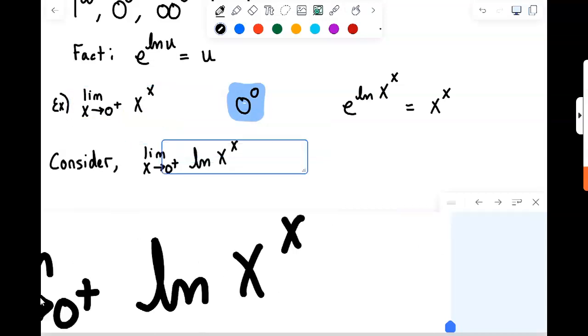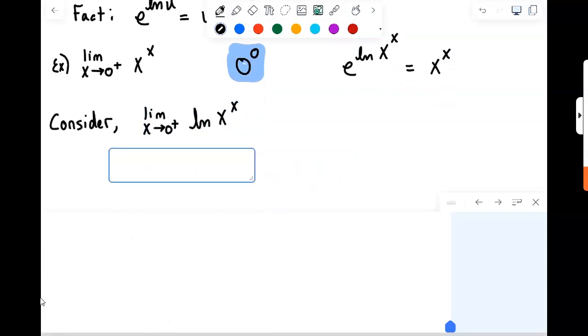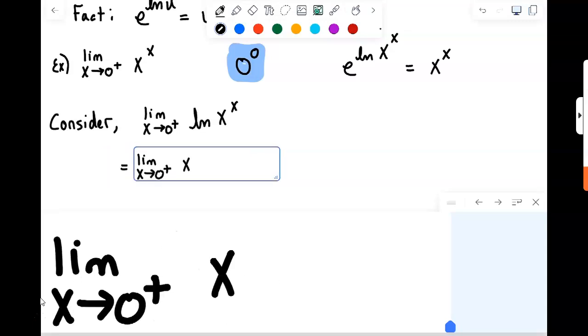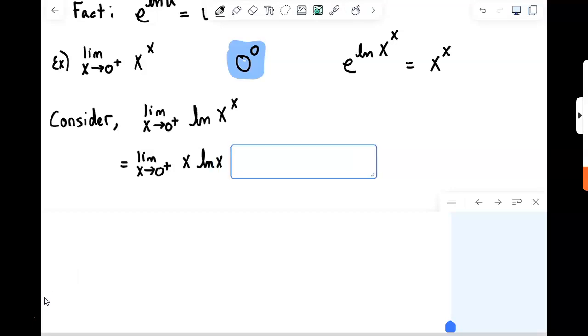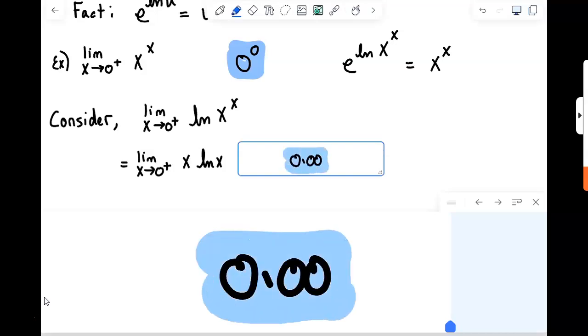By looking at the ln, we're able to invoke properties of logarithms, which allow us to bring that exponent out front and have the limit of x ln of x. And this, of course, is quite simply a 0 times infinity limit.